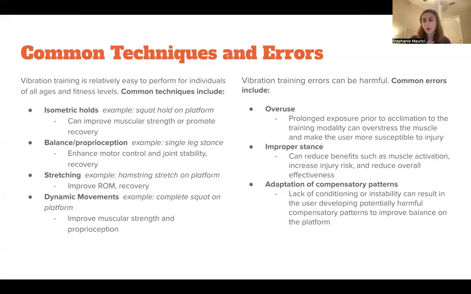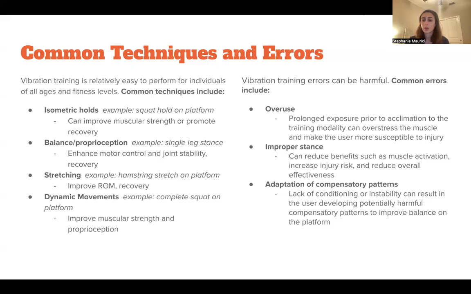So there are errors. Common errors include overuse. Prolonged exposure prior to becoming acclimated to this modality can overstress the muscle and make the user more susceptible to injury. Improper stance can reduce the benefits and increase risk of injury.